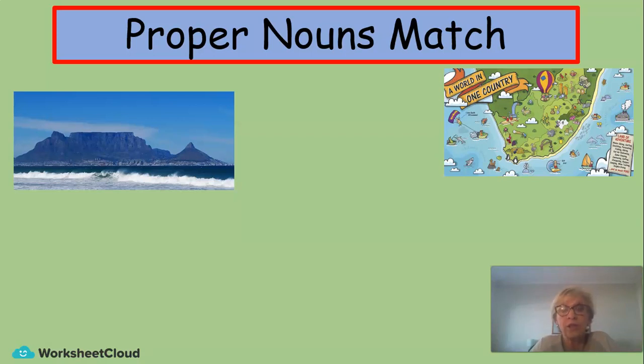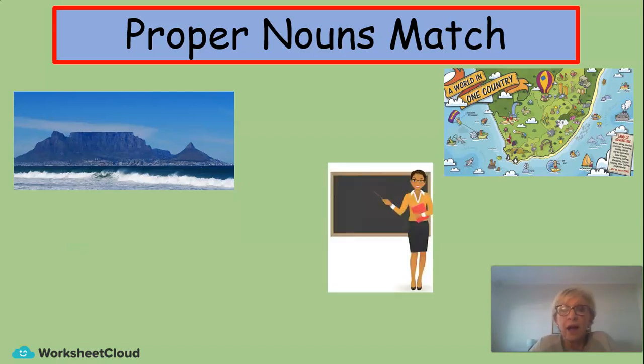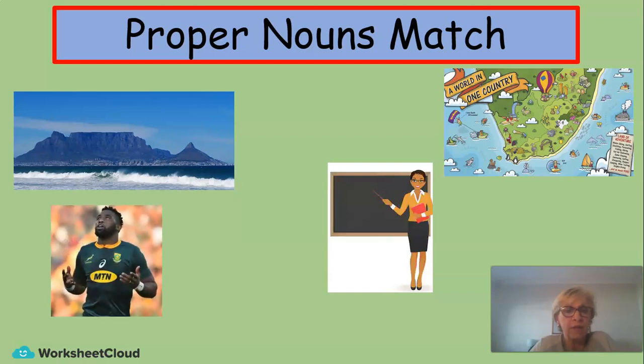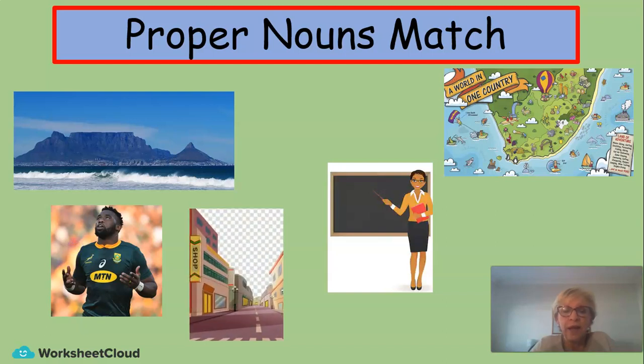And Cape Townians are very, very proud of their mountain, as are all South Africans. But that has got a special name. Our teachers too aren't just called teacher, are they? They've got their special names. And one of my heroes, Siya, he has a very special name. And then the street that you live in, or any street for that matter, will start with a capital letter because it's that street's special name.